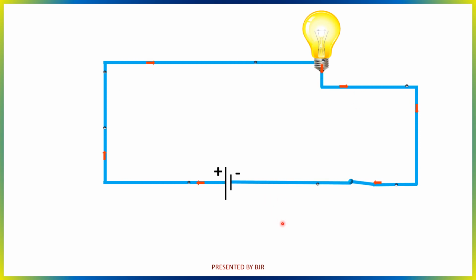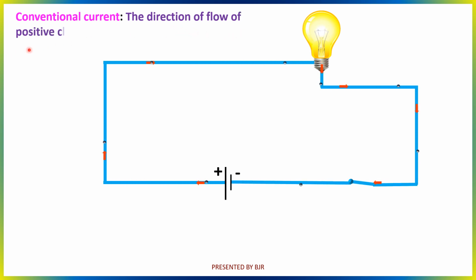And in a circuit, from now onwards, I am not going to show you both currents simultaneously. It is not required. We have to show only the conventional current direction. It is from positive to negative terminal of the battery. So here you can see conventional current. The direction of flow of positive charges is called conventional current.